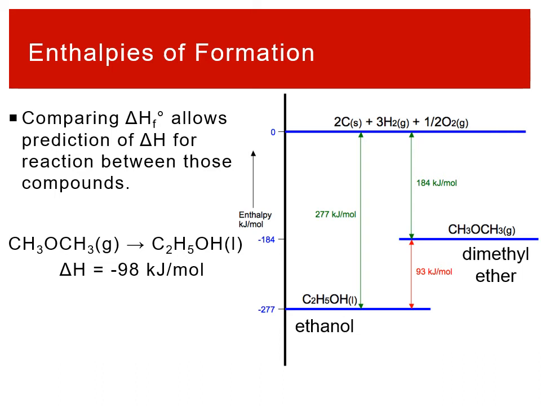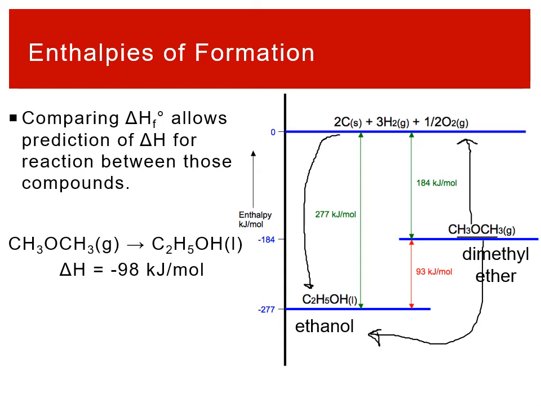What we can do is use these enthalpies of formation to think about reaction enthalpies. Again, it's all about state functions. Say I'm interested in the change in enthalpy of going from dimethyl ether to ethanol. That would be one reaction step. I can instead reconceive of that as, what happens if dimethyl ether becomes its elements? It goes backwards, undoes the formation enthalpy, and then those elements rearrange into ethanol.